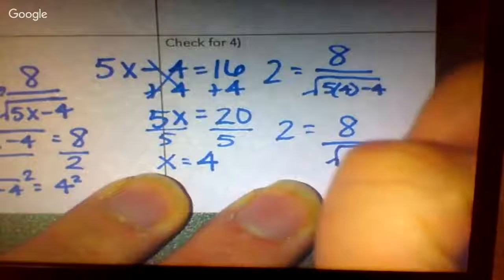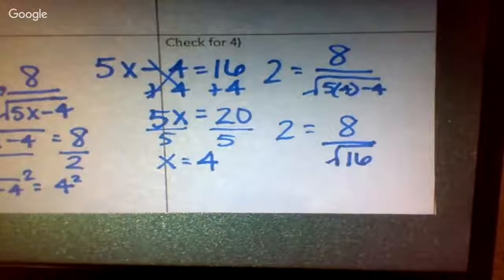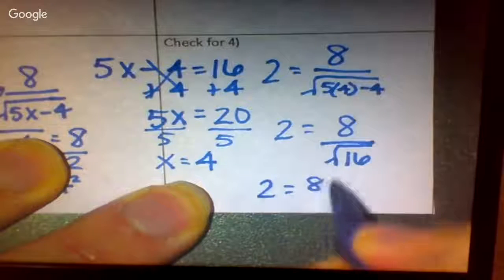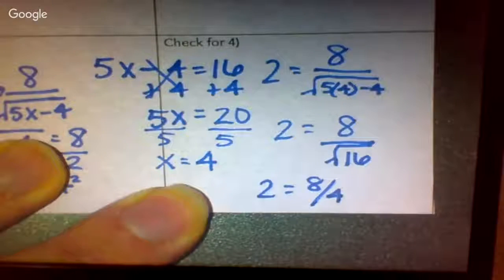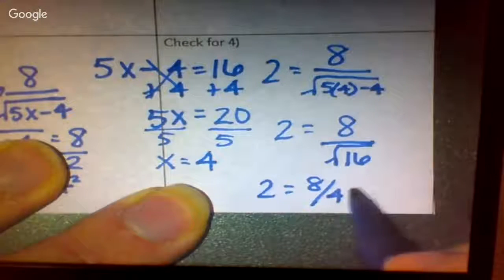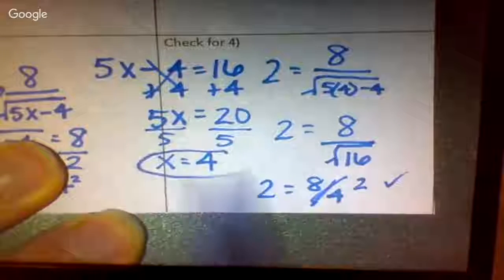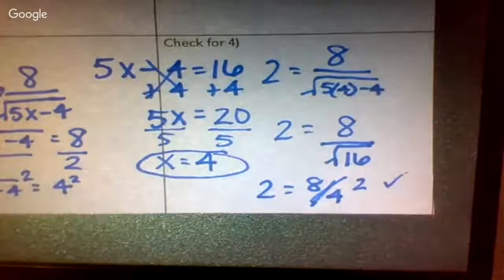So this is actually 2 equals 8 divided by the square root of 16. What's the square root of 16? 4. Does 2 equal 8 divided by 4? What's 8 divided by 4? 2. So this is good. X equals 4 is a solution. Thank you.